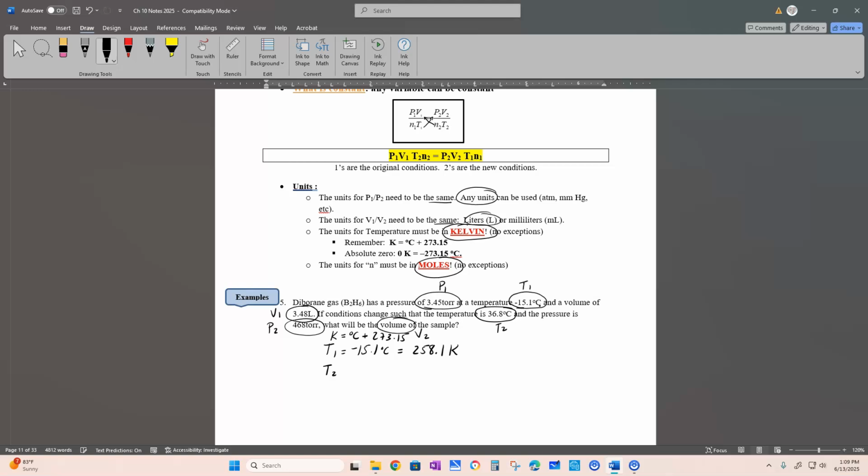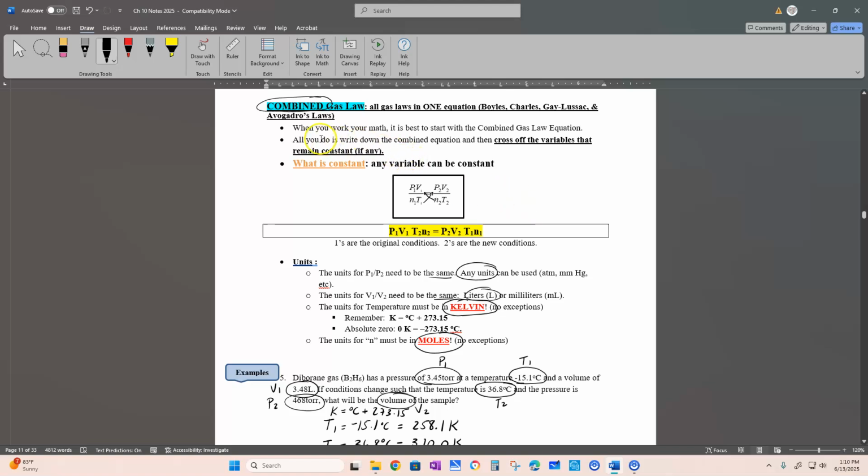For T2, it went up to 36.8. So 36.8 plus 273.15, and I'm going to get 309.95. I only need one digit after the decimal, so I need to round that up to 310.0 Kelvin.